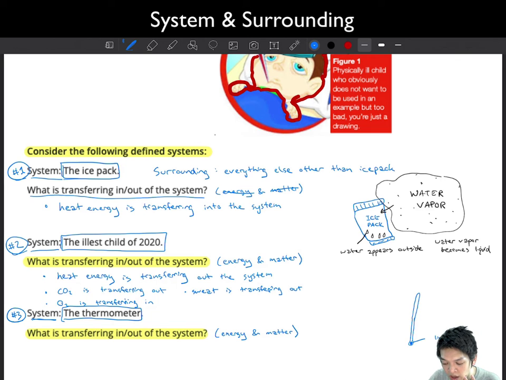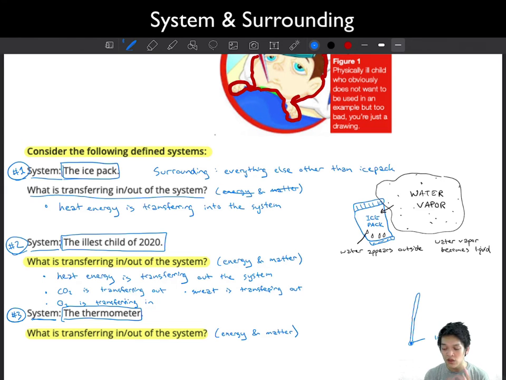what happens is the alcohol inside the thermometer absorbs that heat from the kid. When it absorbs that heat, it causes the alcohol particles in the liquid to move faster, right? When it absorbs energy, it increases the average kinetic energy, and it moves faster, and that means there's a higher temperature.